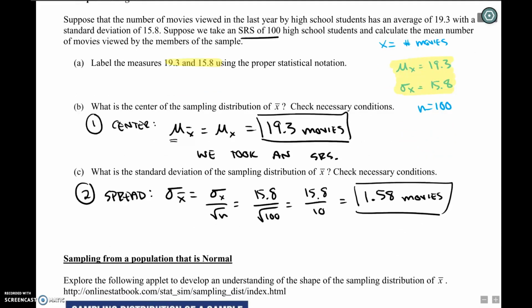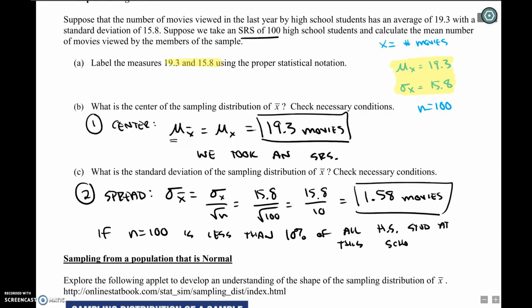I'm going to say if n equals 100 is less than 10% of all high school students at this school, then we're okay. Then the conditions are met.